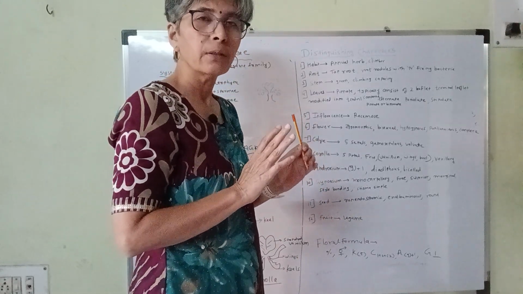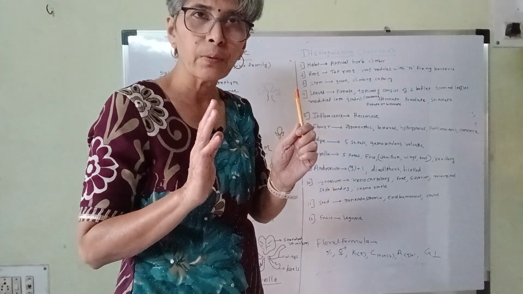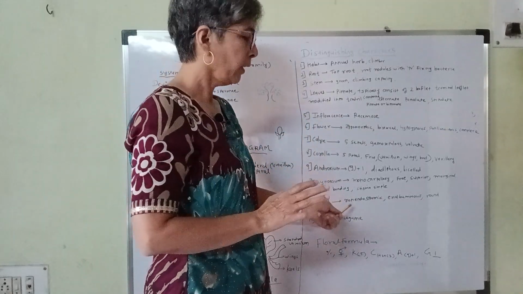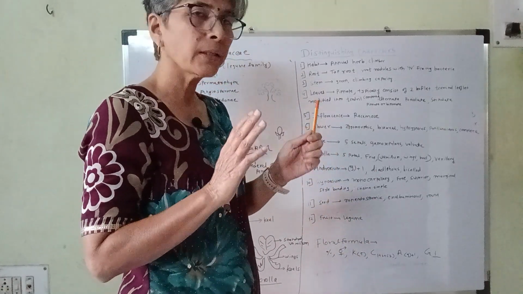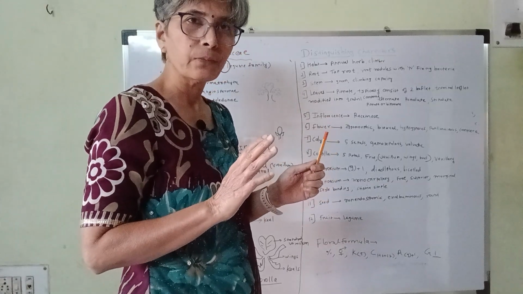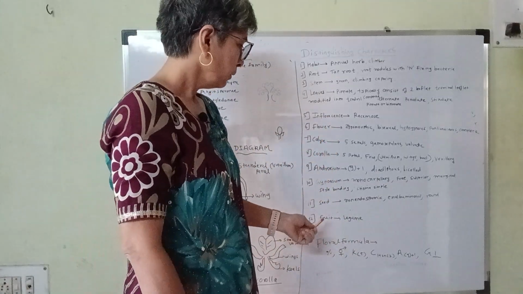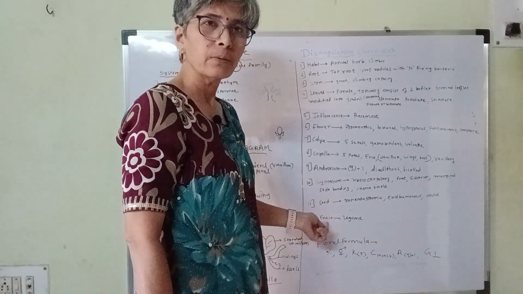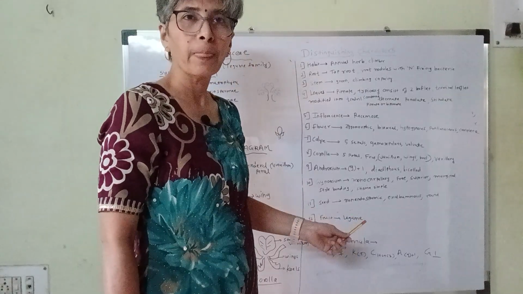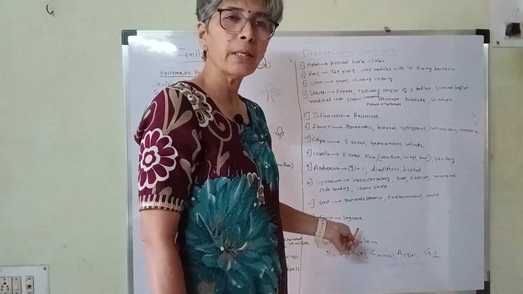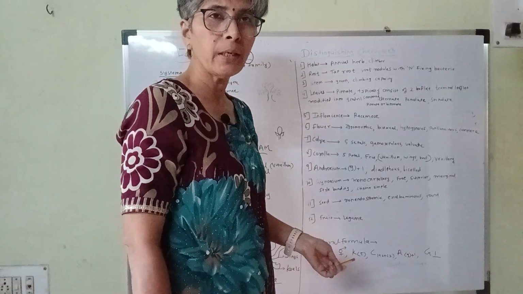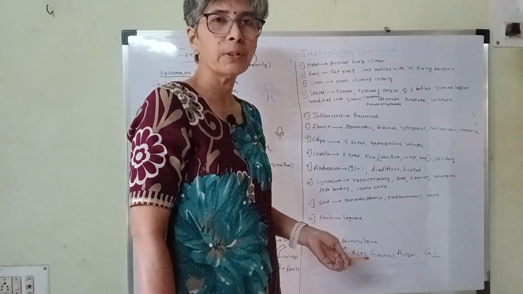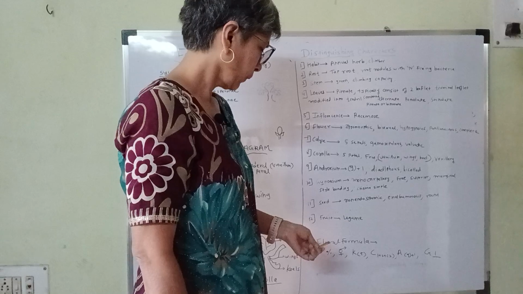Seed is rounded in shape and it is non-endospermic and exalbuminous. Now next is fruit. Fruit is legume or pod. Legume contains seeds inside it.